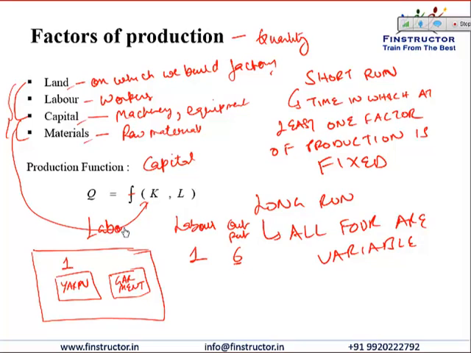Now please try to think that if you added one more labor to the production process, so if there were 2 labor, then what would be the output? Would it be 12 or 10 or 14? Please think for a while as to what you think the output will be if we added one more labor. We still have 2 machines.